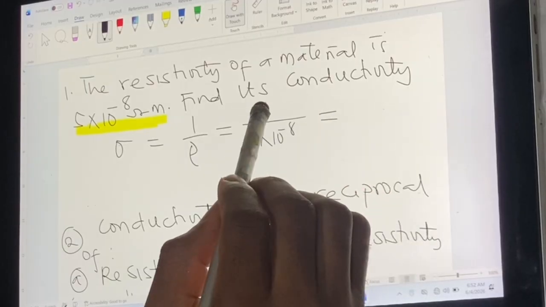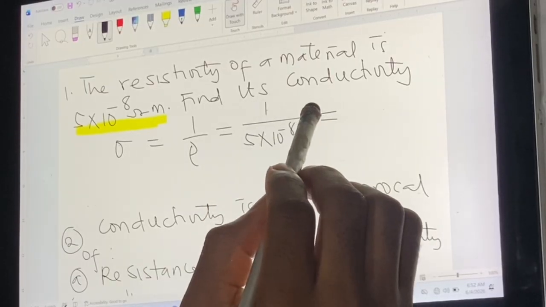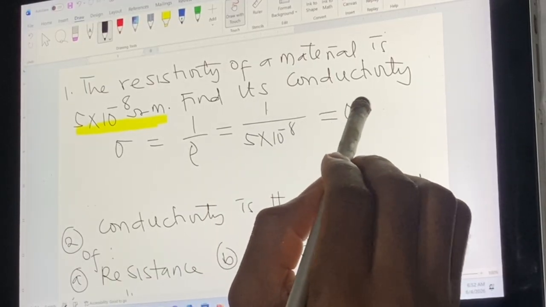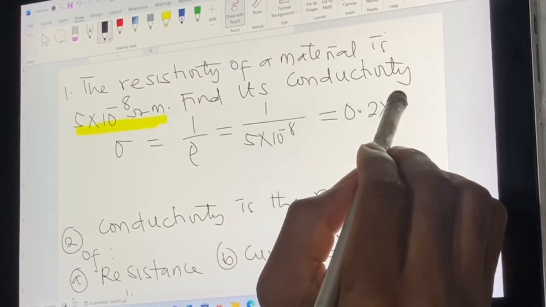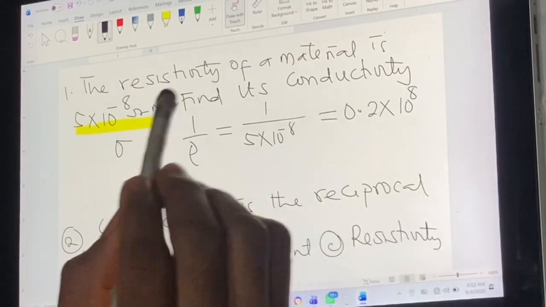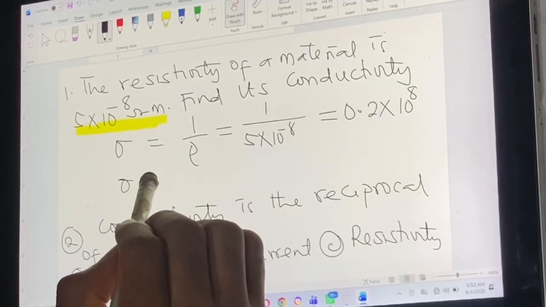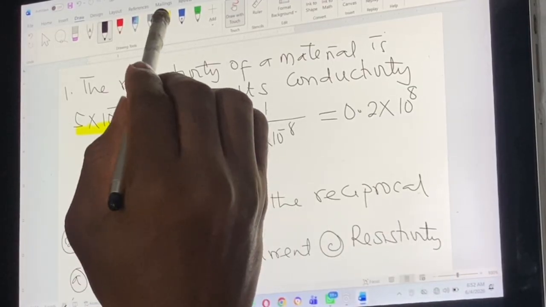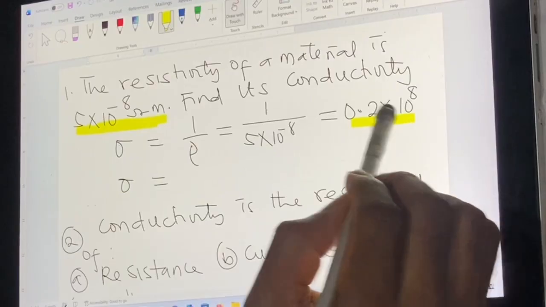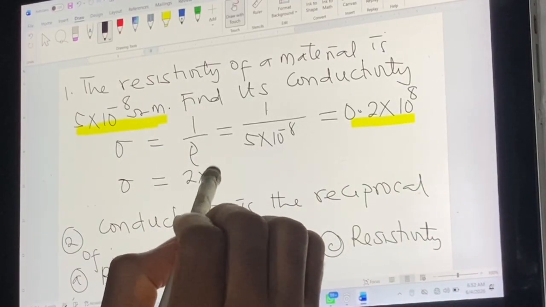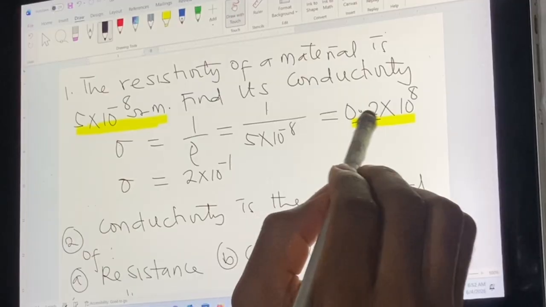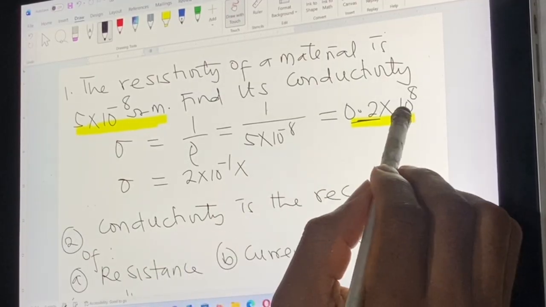So 1 divided by 5 will give us 0.2 times, taking this power from denominator to numerator, 10 to the power 8. Expressing this in standard form, I will have 2 times 10 to the power minus 1 times 10 to the power 8.